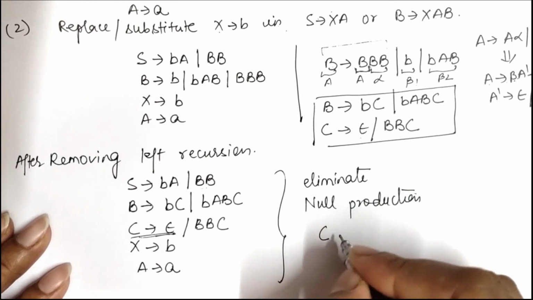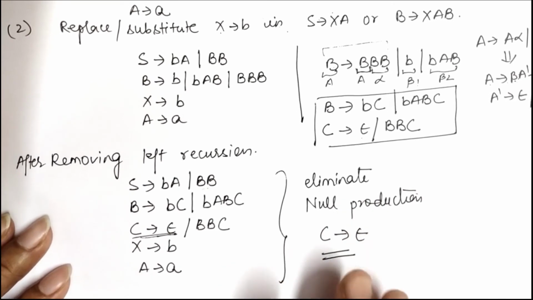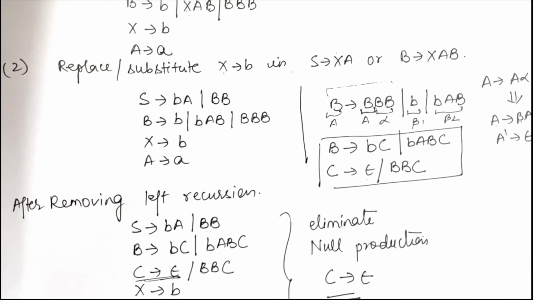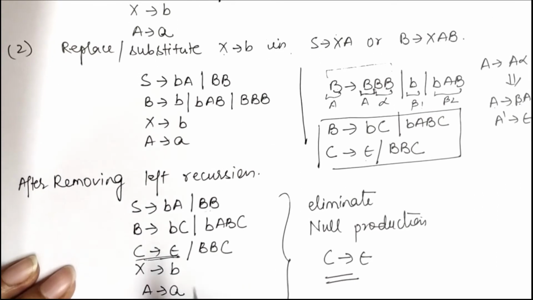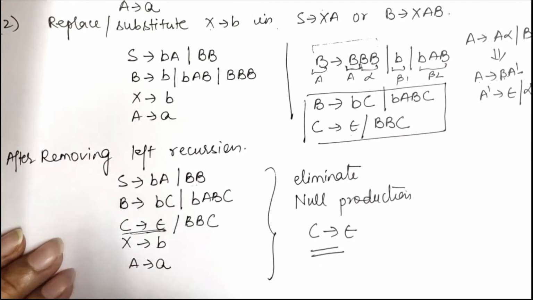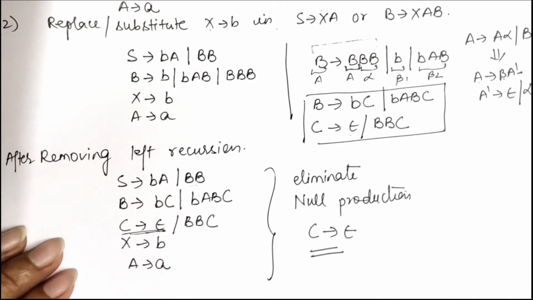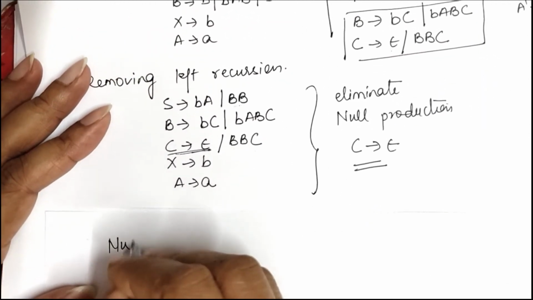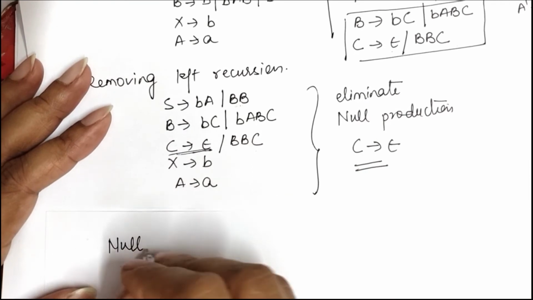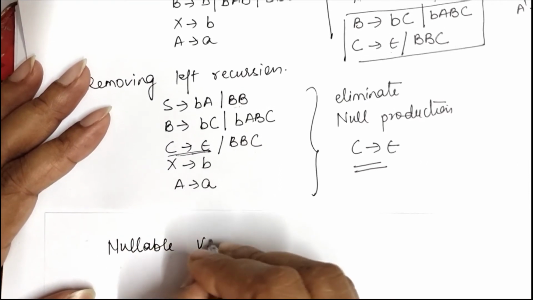For removing the null production, first of all we have to find all the nullable variables.